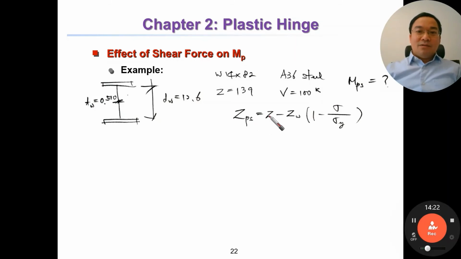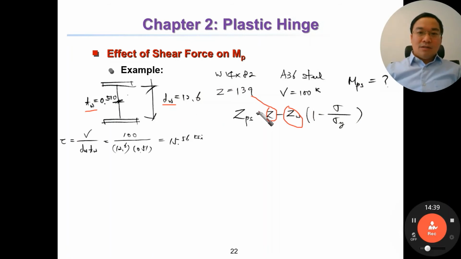Zps equal to Z minus Zw and multiply this ratio. And we already have this one here. And what is this one? It's a function of this one and this one, right? Calculate. Because we have tau equal to V divided by this one of the web, V divided by A web, and equal to 100 divided by this one multiplied by this one, and equal to this one.